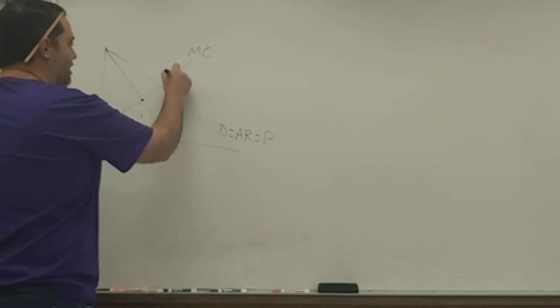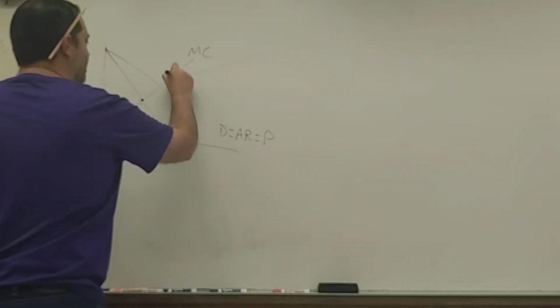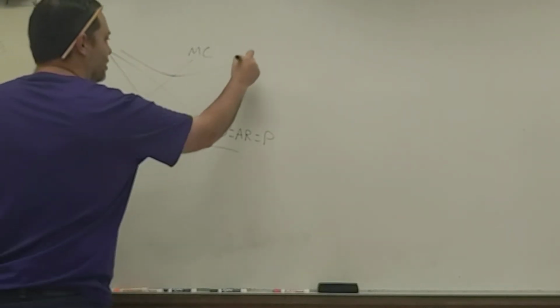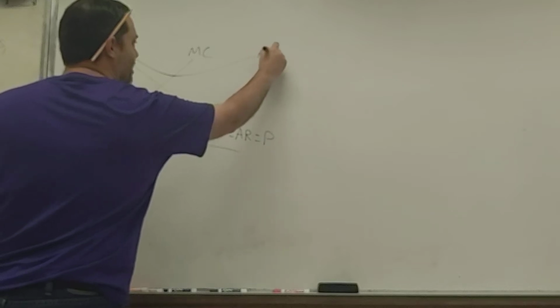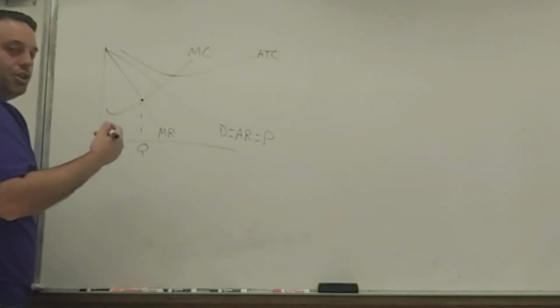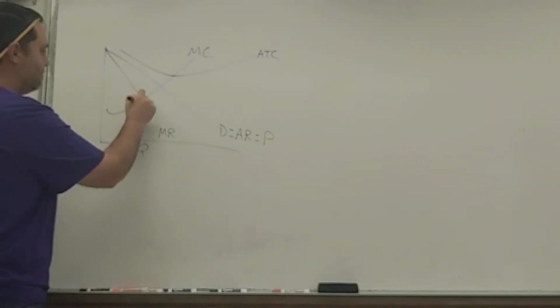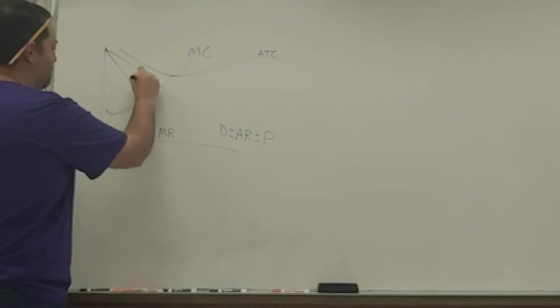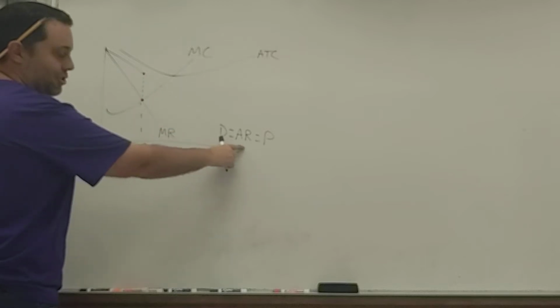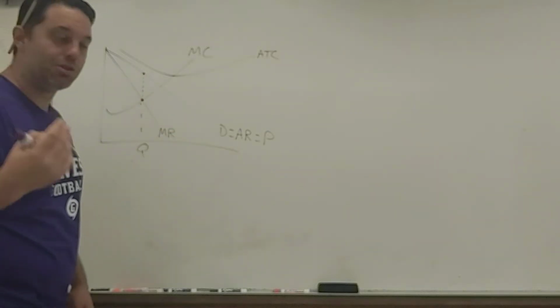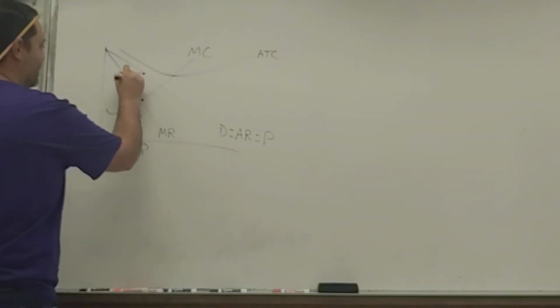So a way of looking at that, let's do our ATC right here. Okay, if this is our ATC, then what we show in terms of our loss graph, we go from this point, we go up to our demand, because that's our AR, that's our revenue, that's what's coming in, that's how much money I'm making.